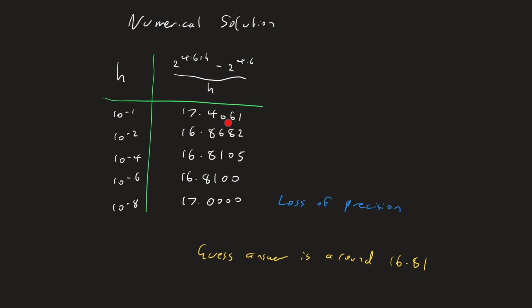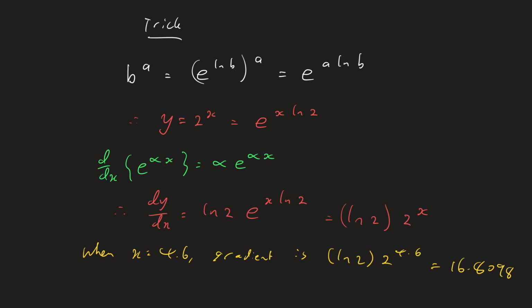The number is steadily decreasing, which tangentially is consistent with the fact that our function is convex. And the numbers are getting closer and closer together, suggesting that it's converging to a limit. So if we had to guess, we'd guess that the true answer is around 16.81.